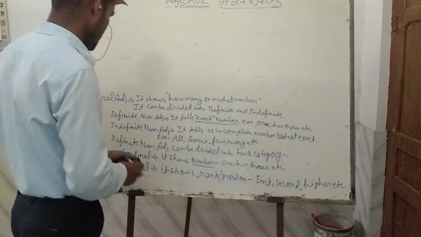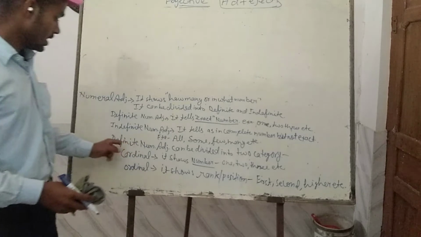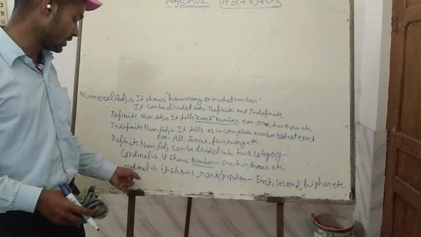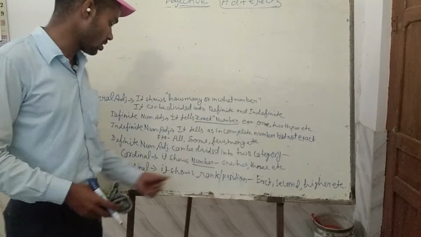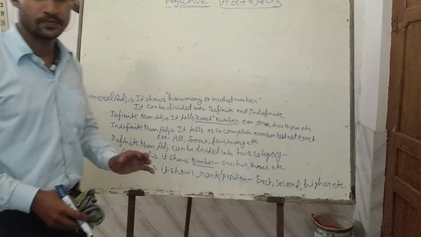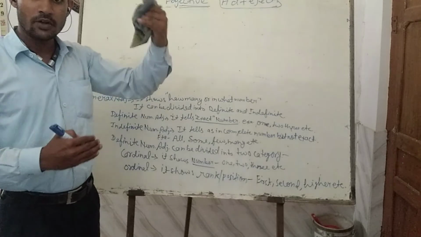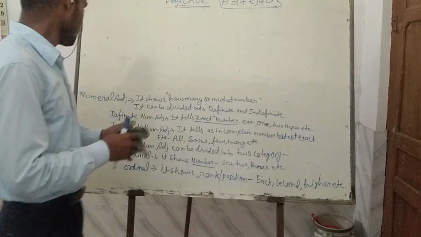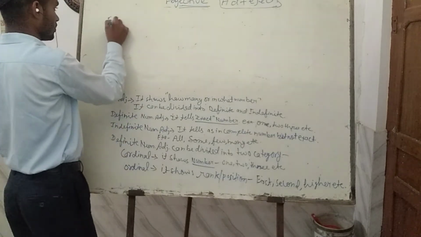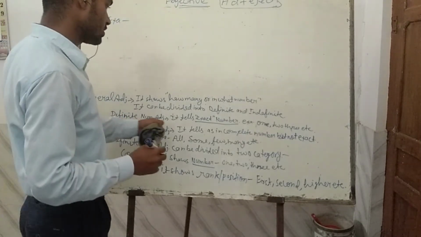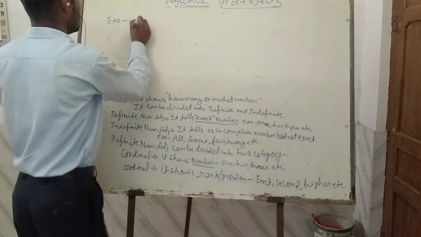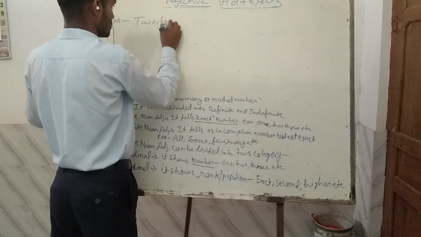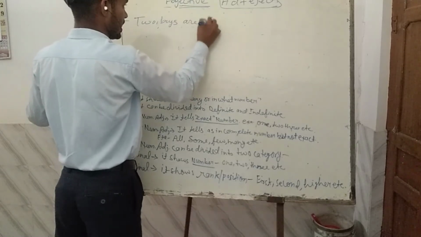Definite numeral adjective can be divided into two categories further: cardinal and ordinal. Cardinal shows number, ordinal shows rank or position. Rank or position means first, second, third, upper, higher, lower, etc. So example of definite numeral adjective, you can say two boys are playing.